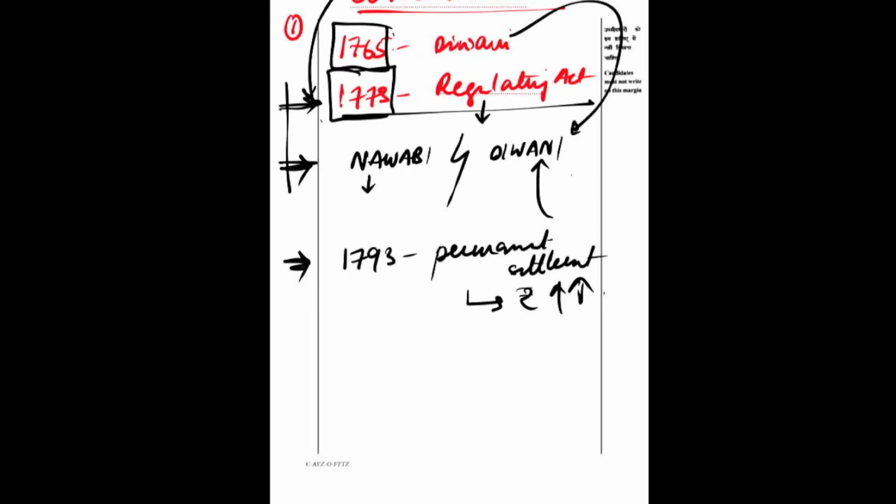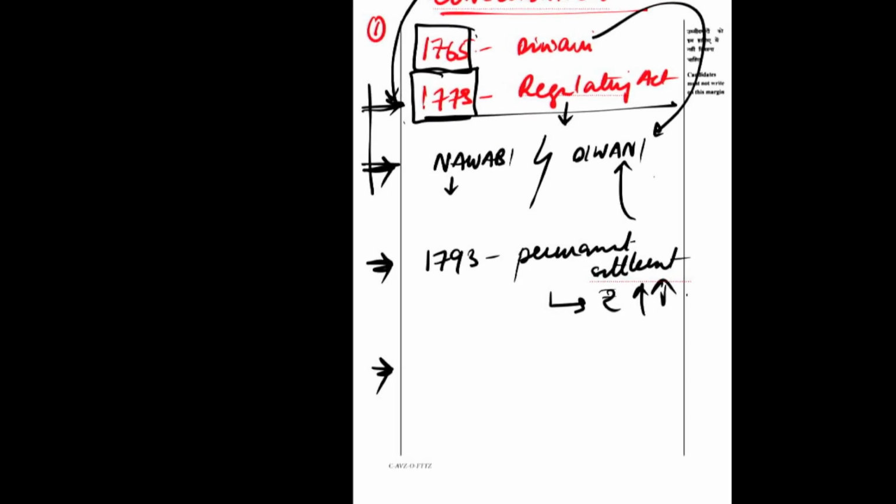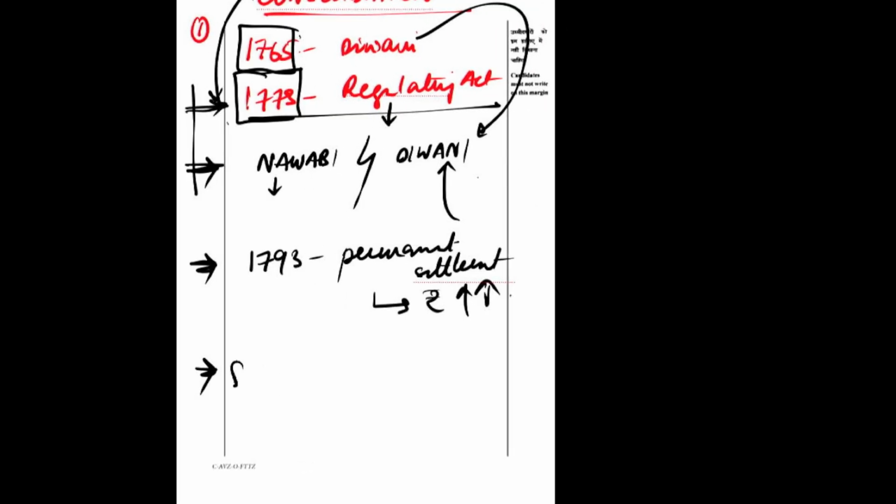And what else? The administrative techniques they used, the subsidiary alliance. There's something nice that this answer has written about subsidiary alliance. Subsidiary alliance, and there's doctrine of lapse, and what else? There's differential treatment of different communities.